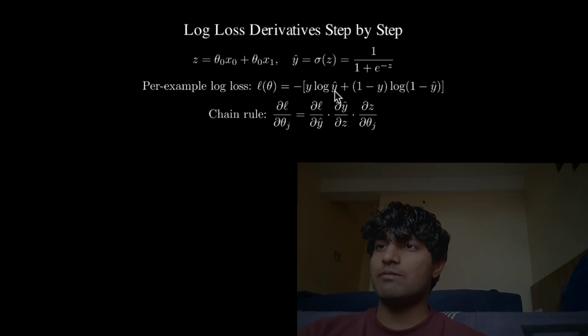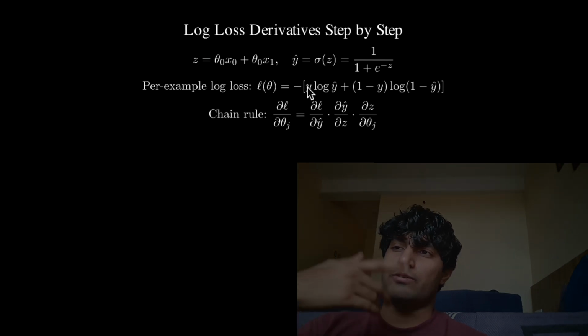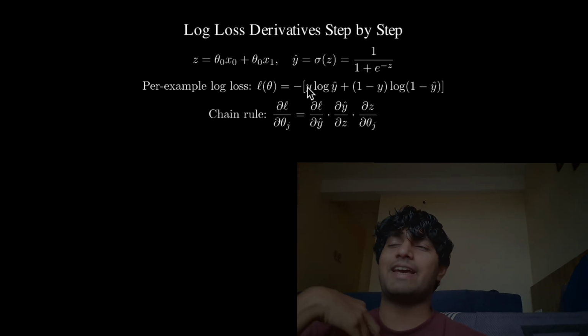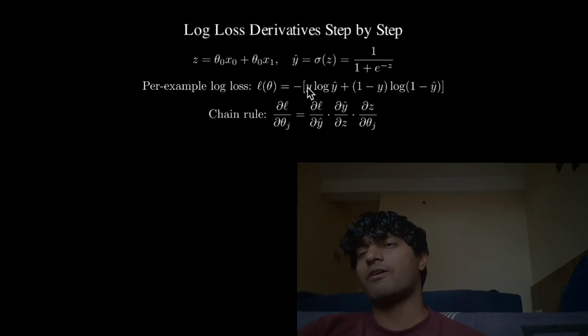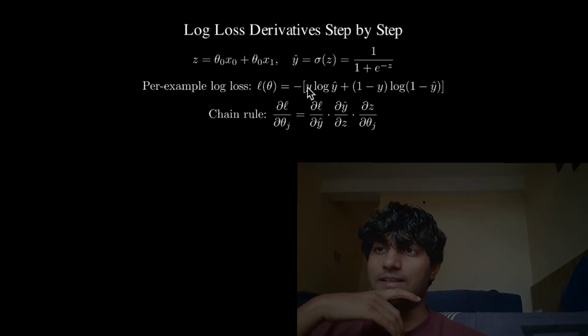So instead of y hat it will be sigmoid, 1 upon 1 plus e to the power negative z, where z is theta 0 x0 plus theta 1 x1. It will be a big, heavy chunk, and then you do the differentiation and follow the chain rule, because there are so many functions inside the function. That is the simple way, which I actually like, because that's how I did it in middle school or high school.